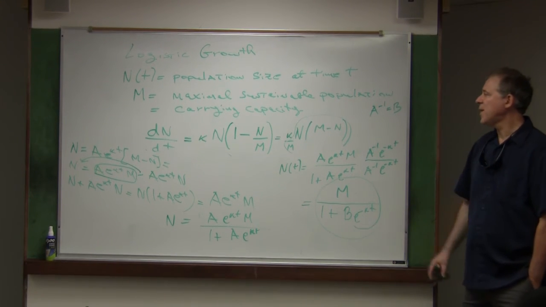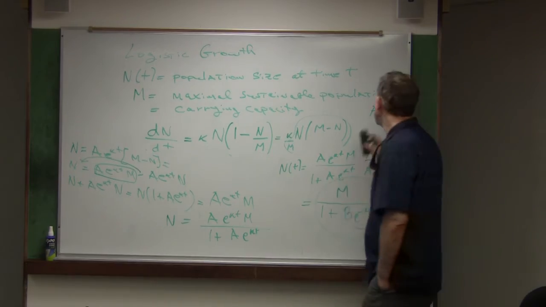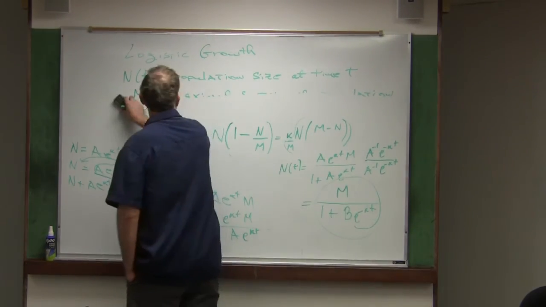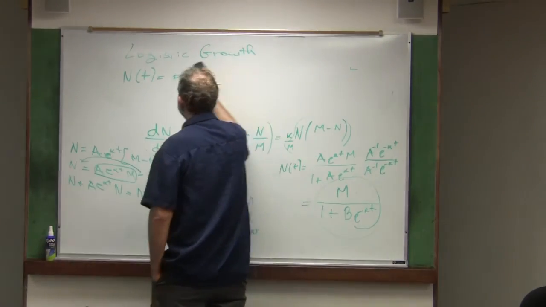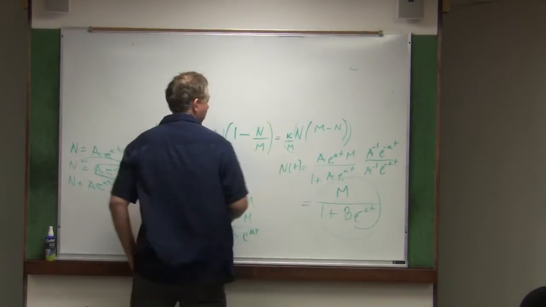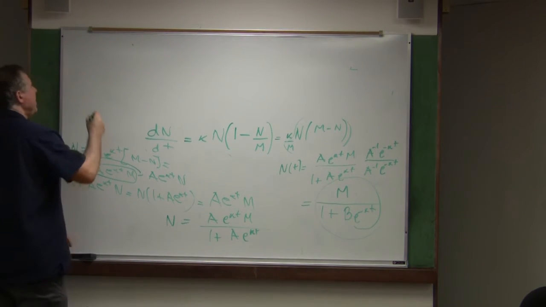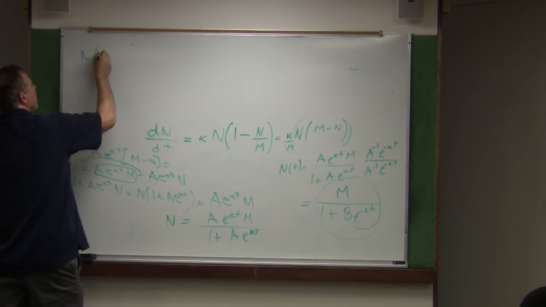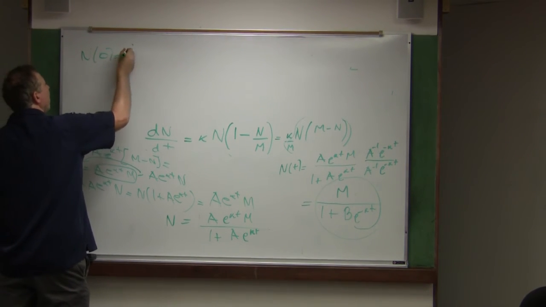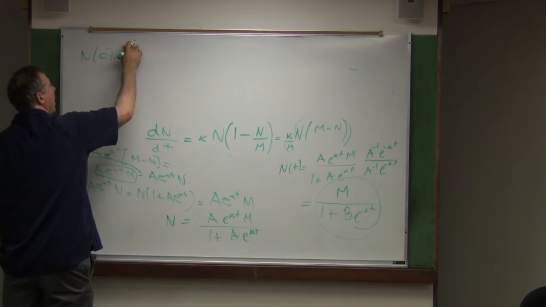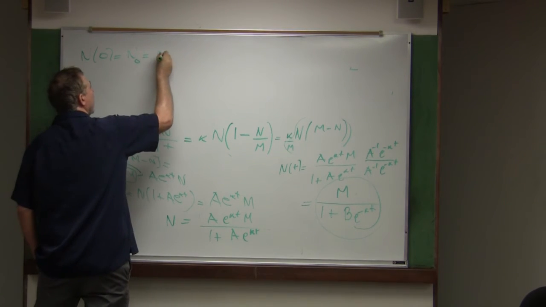Now you can figure out what that constant is. In other words, it's not hard to figure out what that b is from the initial condition. So the initial condition will be that your starting population is called n naught. This is your starting population.